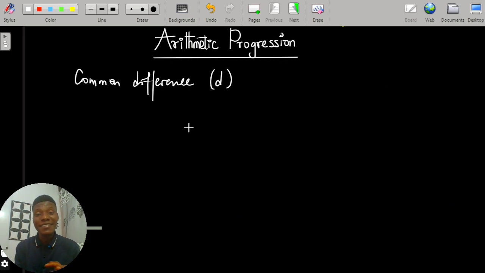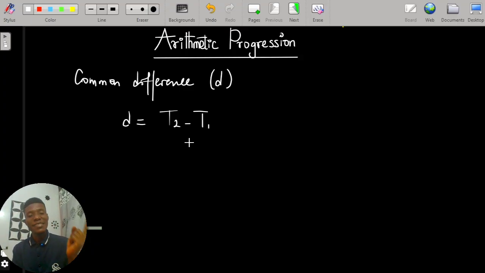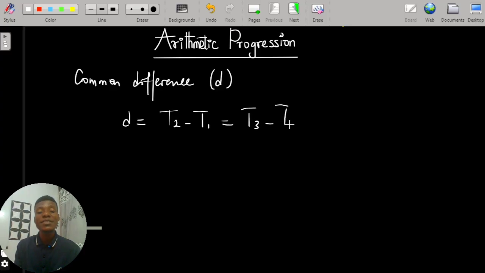Common difference D, that is the constant that you add to a term to get the next term. How do you figure it out? The common difference D is defined as T2 minus T1, that is the second term minus the first term, which can still be written as T3 minus T2.